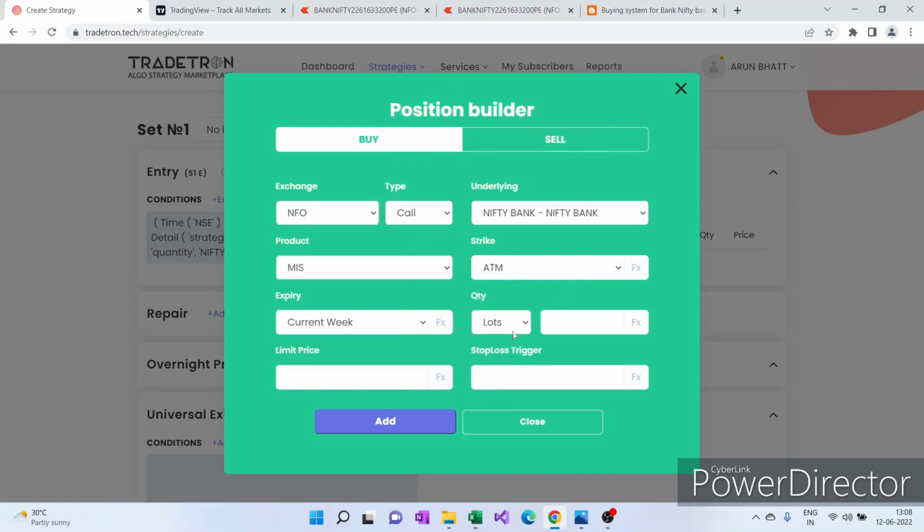Here we'll be manipulating the lots at individual leg level, because if we use the multiplier, then you'll be taking more entries in this, as it's the first set also. And because I'm running this logic in Shunya Finasia, I'm not having any brokerage charge, so for me it works fine.